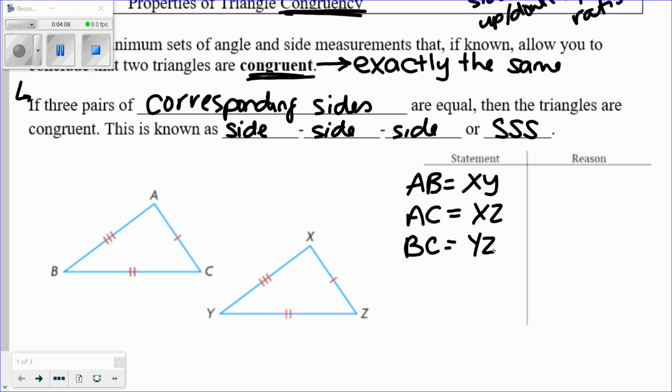And so for the reasons for this, these ones are nice and easy. What you could do for these is just say that you were given this. We were given the piece of information that this length is the same as this length. We're given that this length is the same as this length. We're given that 1, 2, 3 is the same as 1, 2, 3 on this side. So we're given those pieces of information, but I still want to state them in my two-column proof.